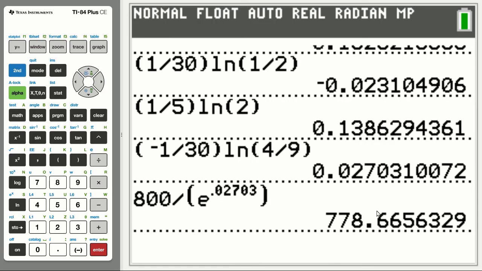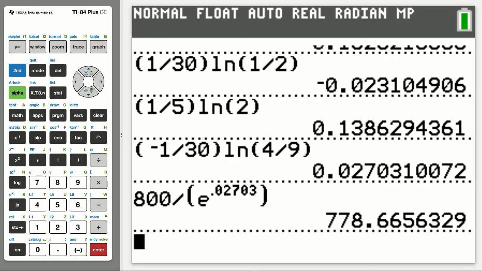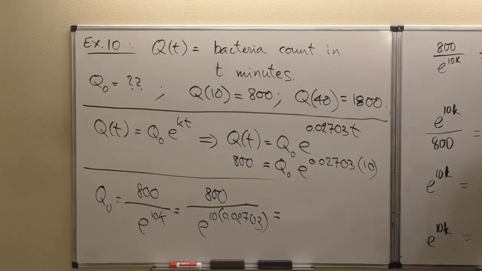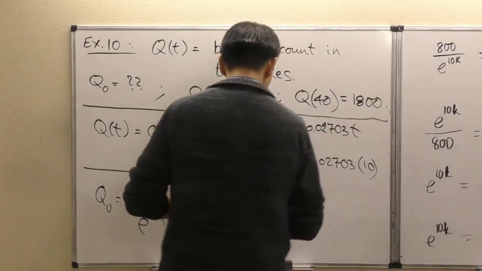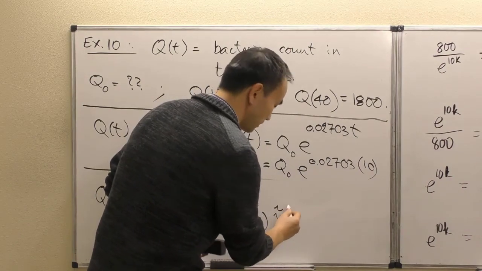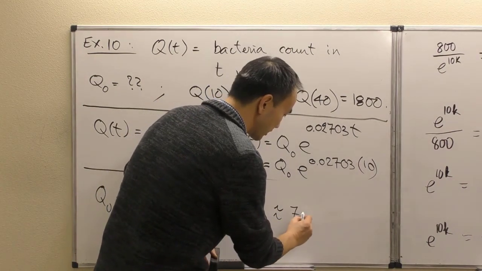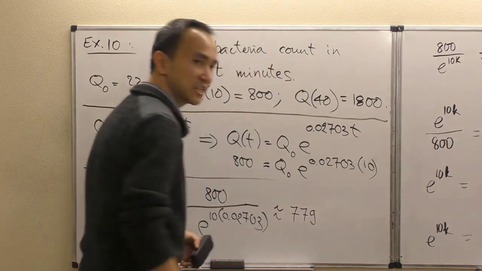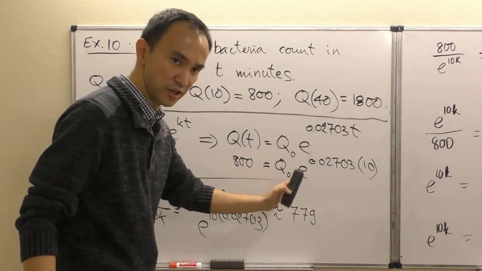All right, so this value right there is about our initial amount. I'll just round to the nearest whole value, because these are actual bacteria counts. So we have found that, to the nearest count, it's 779 bacteria. Okay, so that was the initial amount right there.